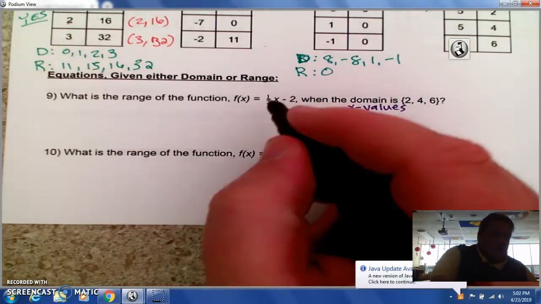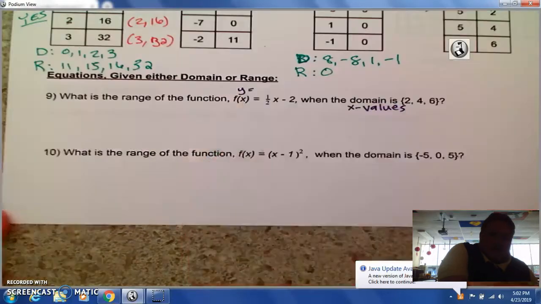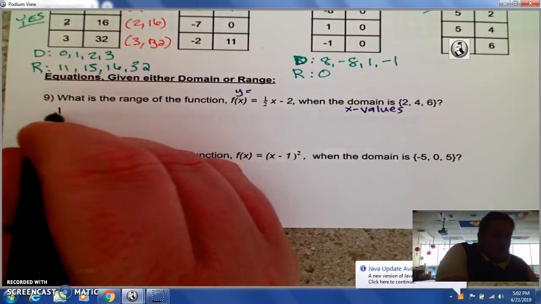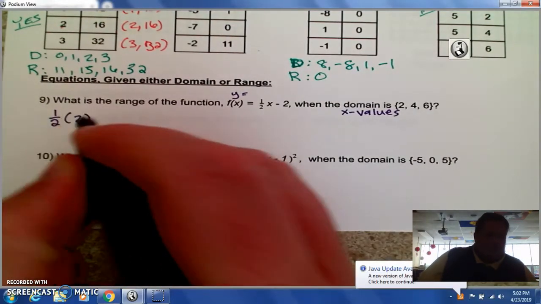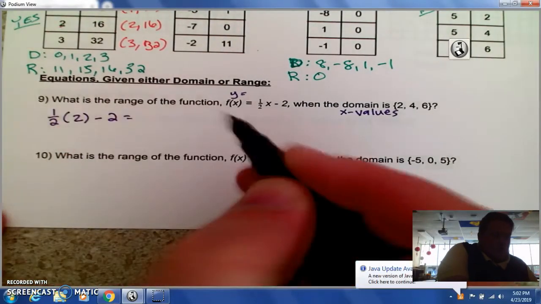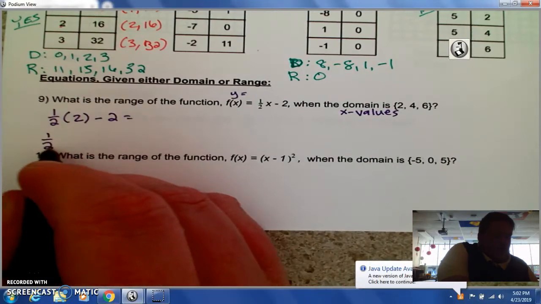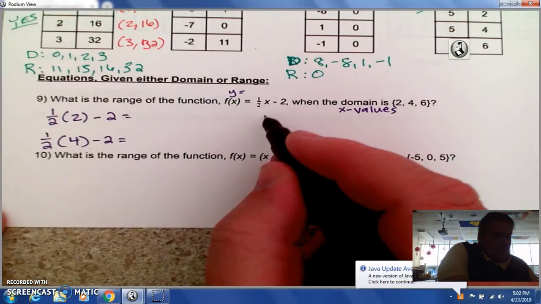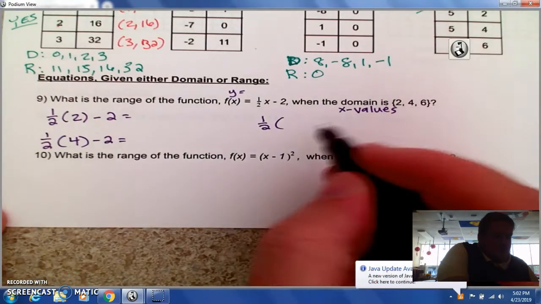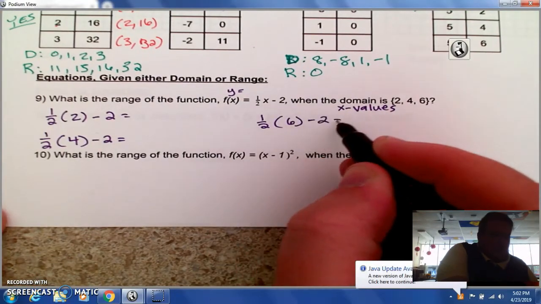Okay, f of x can also be y equals. Okay, so 1/2 times 2 minus 2, 1/2 times 4 minus 2, 1/2 times 6 minus 2.